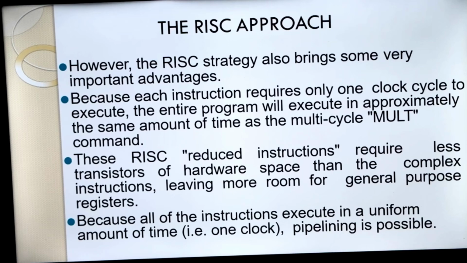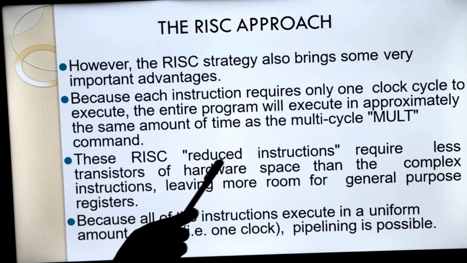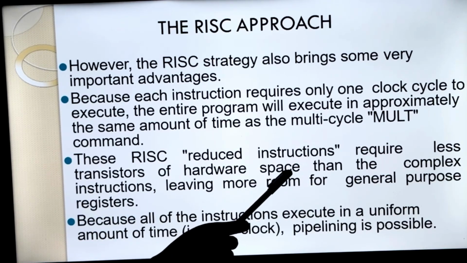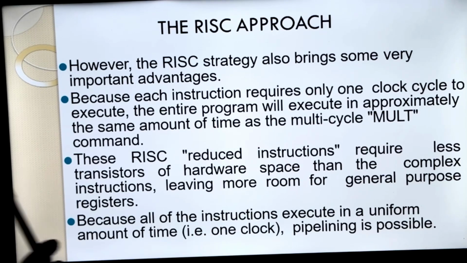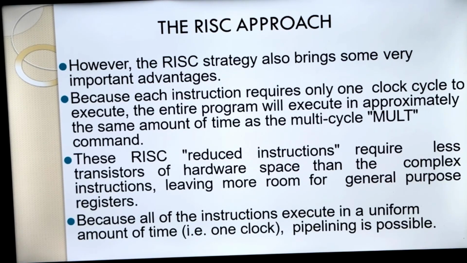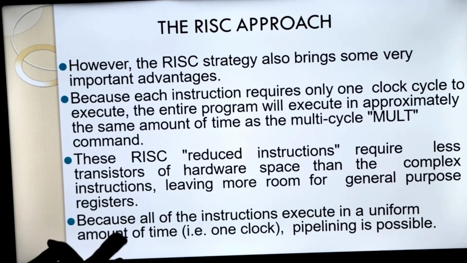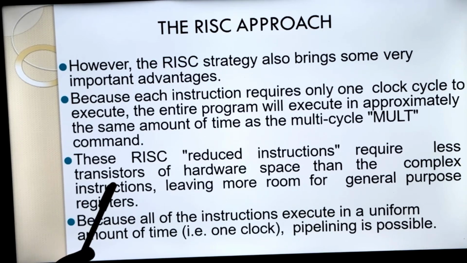The overall time requirement is almost the same in both cases. Fine. So this RISC reduced instruction set requires less transistor hardware space. Now my hardware design is simpler than the CISC design, because I have very simple instructions to be executed. That's why I need fewer transistors overall.